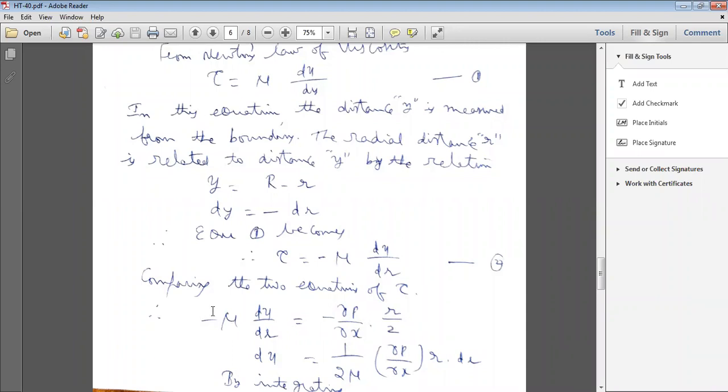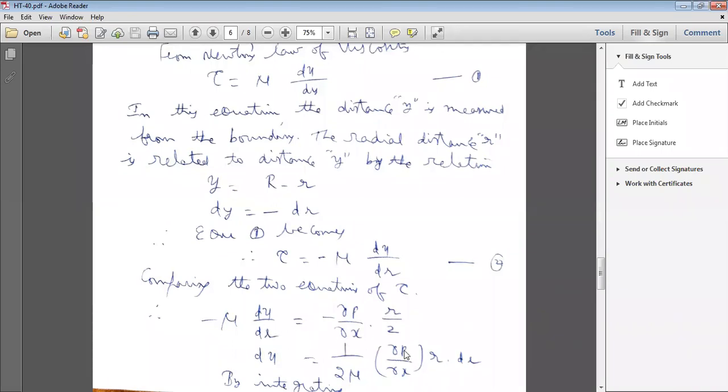The minus signs get cancelled. So from this relation, du is equal to 1 by 2 mu, where mu and 2 are constants, into dou p by dou x into r.